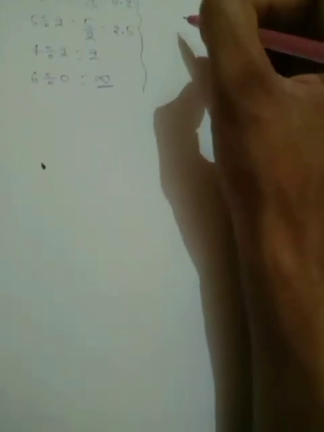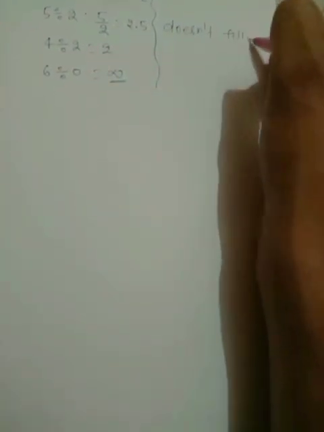If you divide 4 by 2, then you will get 2. If you divide 6 by 0, then you will get infinity. So it is not necessary that if you divide two whole numbers, the result under closure property will always be a whole number. So we can say that whole number doesn't follow closure property under division.